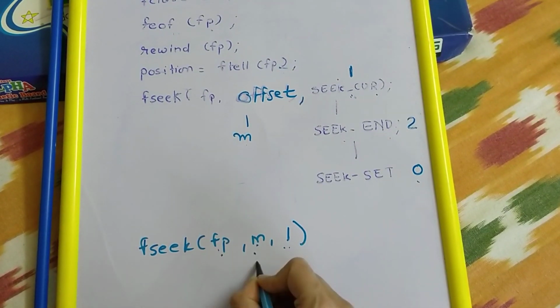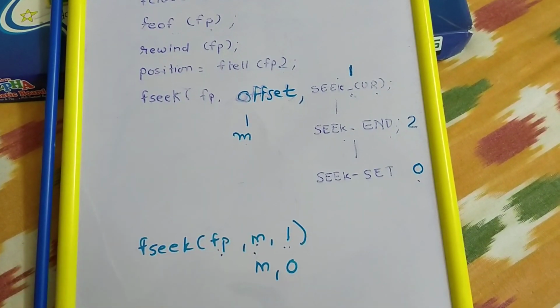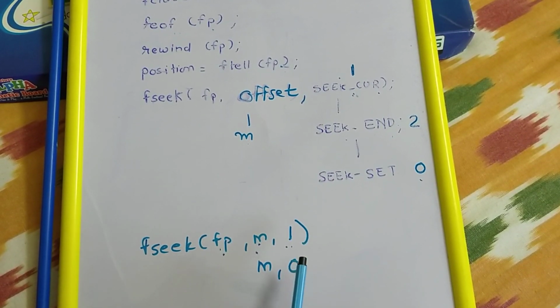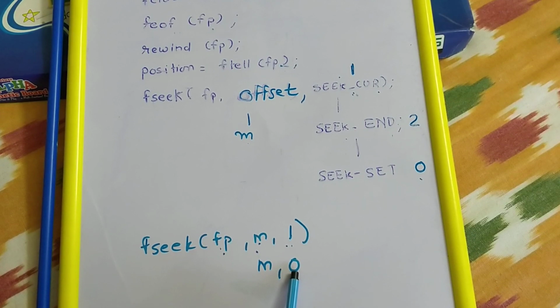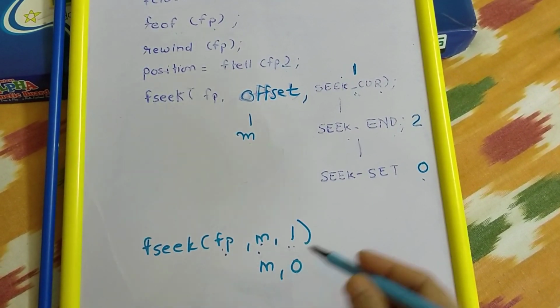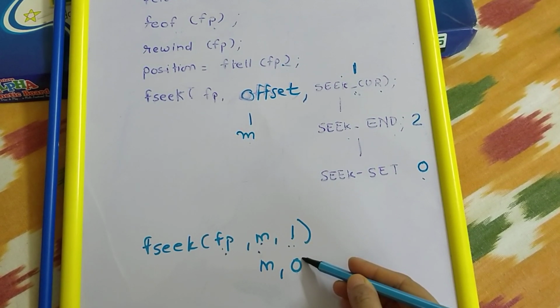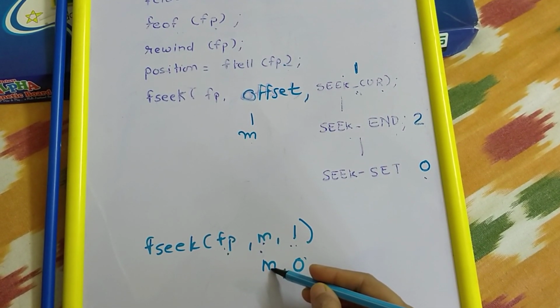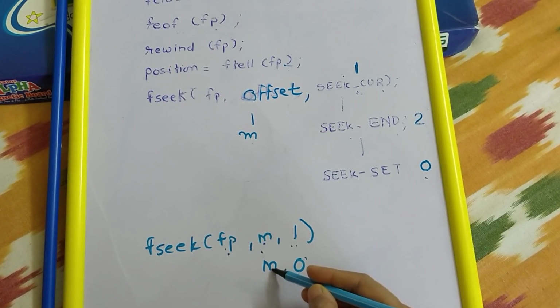If I write fseek(fp, m, 0), in that case it has to move m bytes from the beginning of the file. So how this fseek works, it will move the cursor to this particular location and then it will count this many bytes and the cursor will be at the new location next.